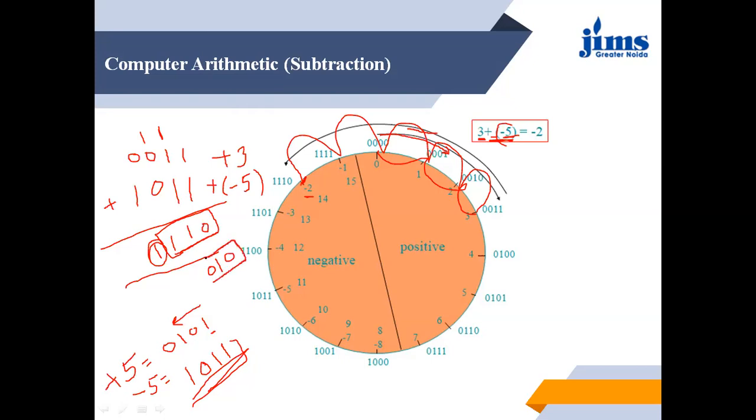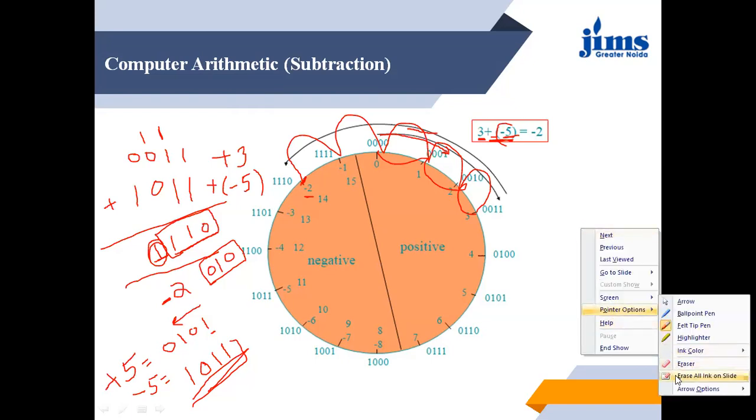So this is the 2's complement of 2, and because of the minus sign, we write minus 2. So when we have to add a negative number to a positive number, we have to find the 2's complement of the number and after that add the numbers.